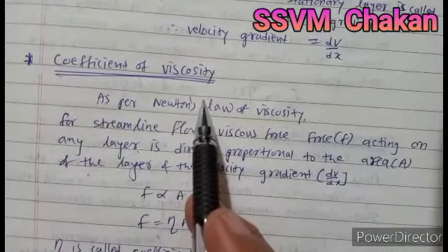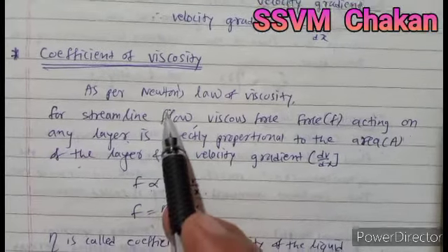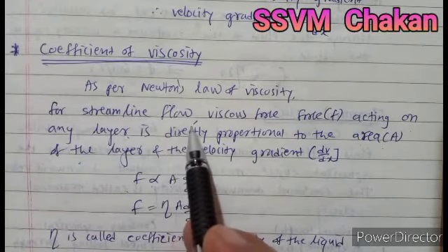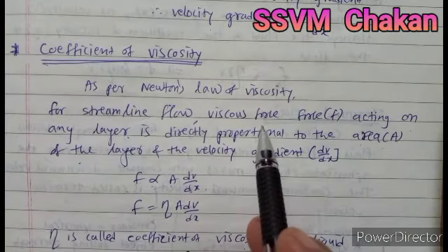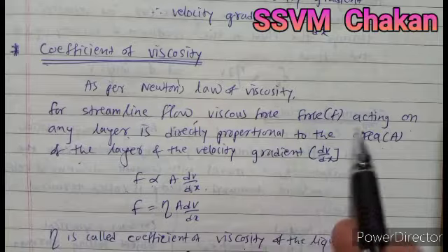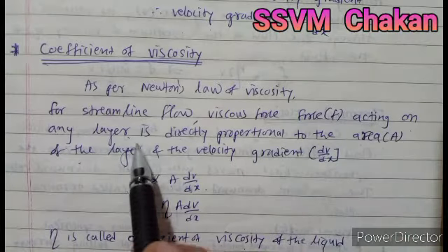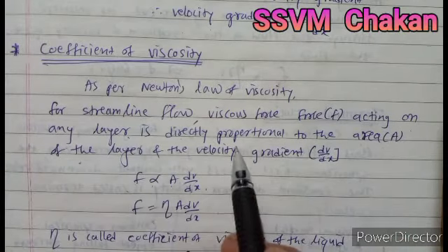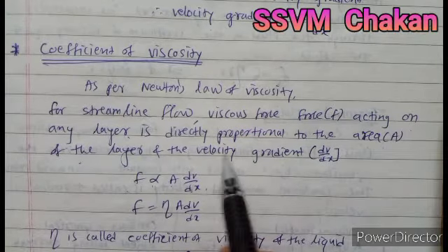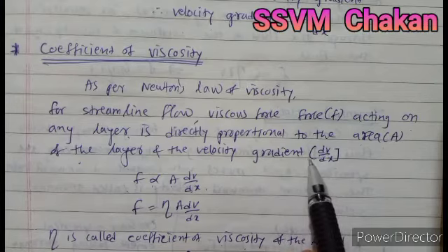Coefficient of viscosity. As per Newton's law of viscosity, for streamline flow, the viscous force, also known as viscous drag, acting on any layer is directly proportional to the area of the layer and the velocity gradient.